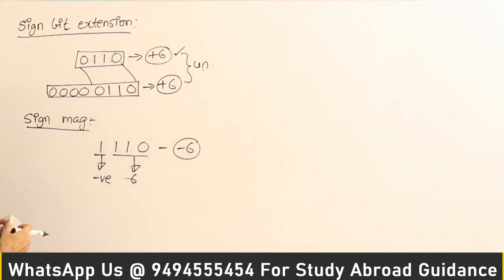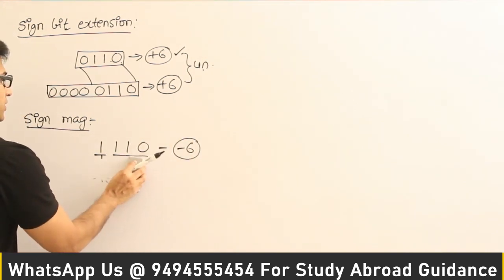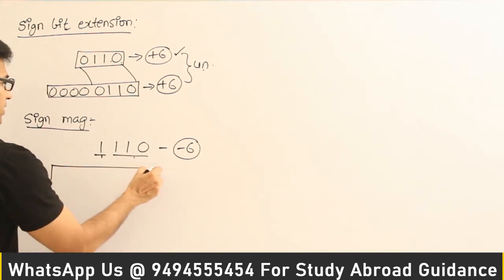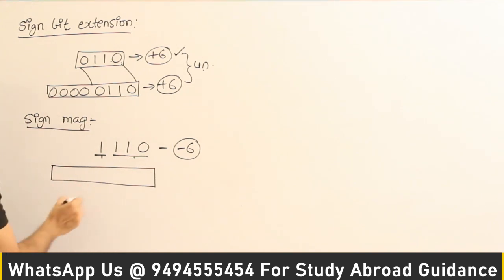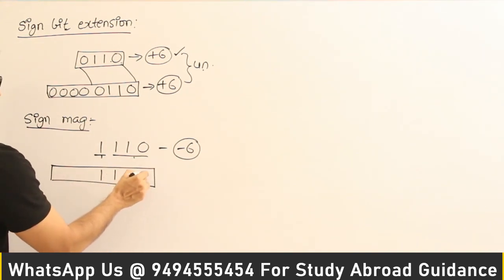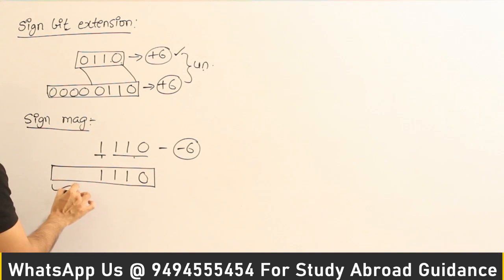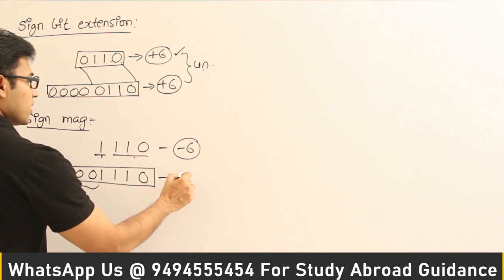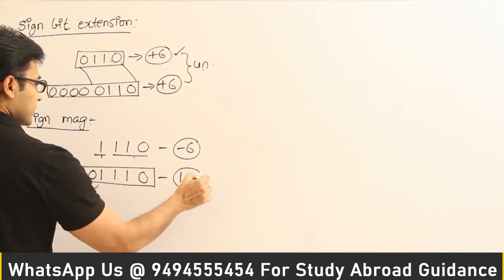Now when you are trying to write this minus 6 into a register whose size is 8 bits, what happens? 1 1 1 0, and now you have to fill these 4 bits. How are you going to fill them? If you apply the same method, putting ones, then this entire number gets changed and the value becomes plus 14, I guess, right?